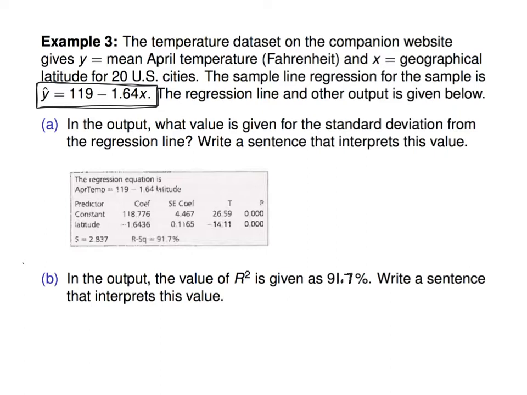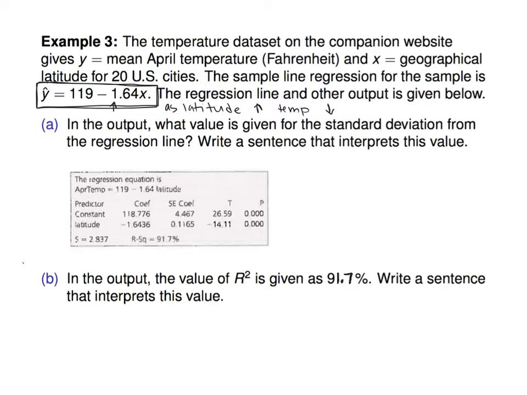So what this will tell us, because the slope is negative, just first to point that out, as latitude increases, temperature decreases. That should make sense to everyone that lives in Alaska, that in general, as you live at a more northerly latitude, the temperature tends to go down on average.